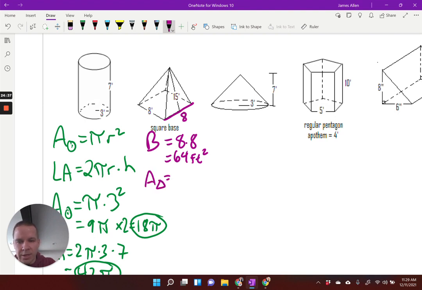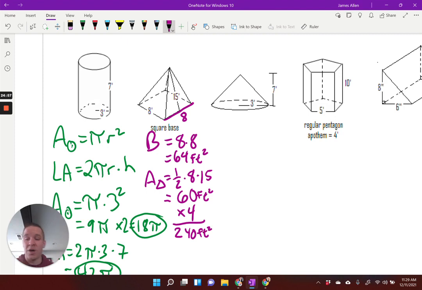Area of a triangle is 1/2 times the base of 8 times 15, which is perpendicular to it, right? So I'm going to get 60 there, feet squared. But there are how many of those triangles? There's 4 of them. So I've got to multiply that by 4, and I get 240 for what's called the lateral area, all the triangles wrapping around.